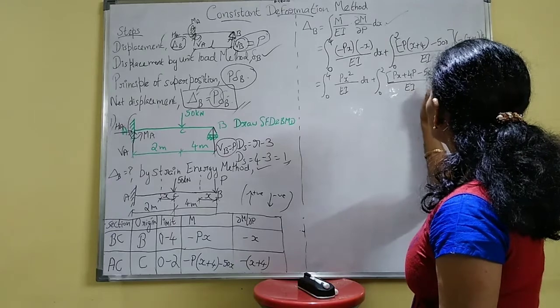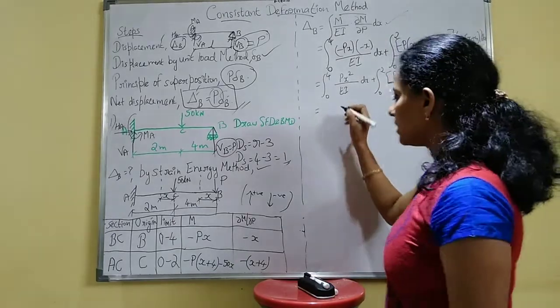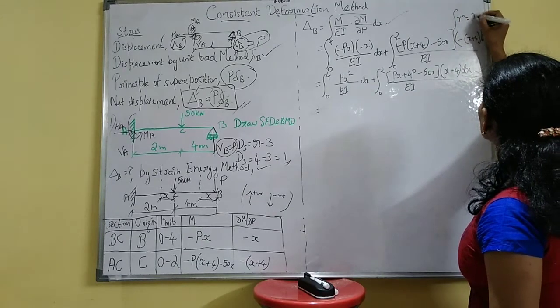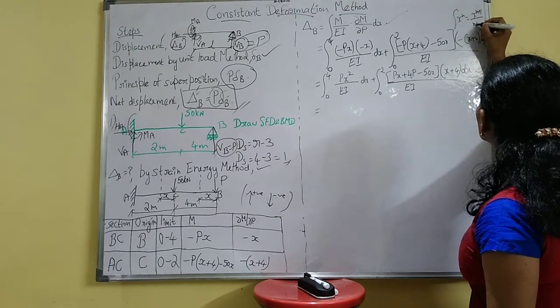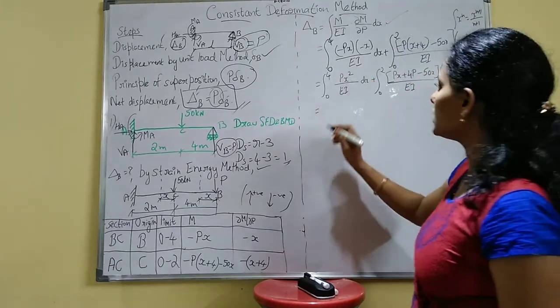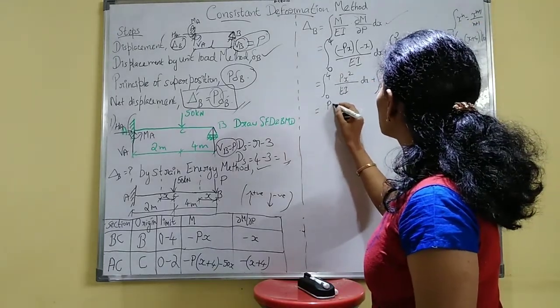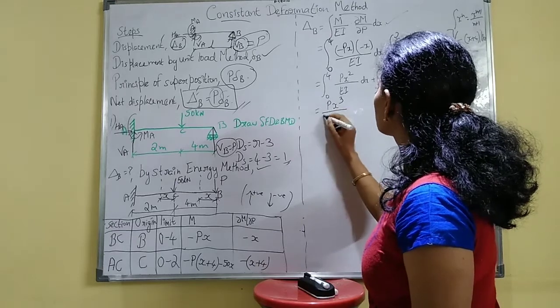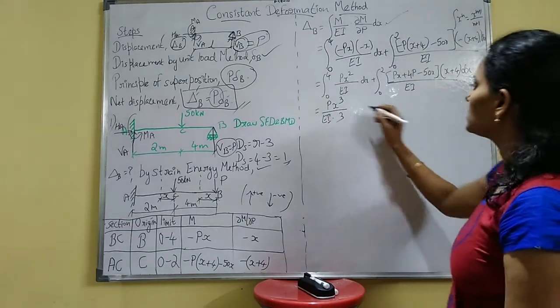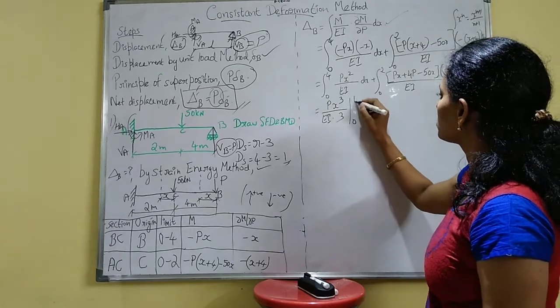Just simplify and integrate it. I'll write it directly. Integration of x power n is x power n plus 1 by n plus 1. So here n is 2, so 2 plus 1 is 3. So it will be P into x cube divided by 3, limit 0 to 4.